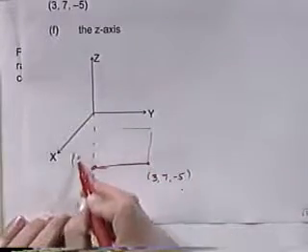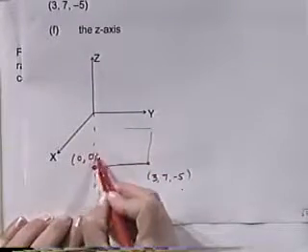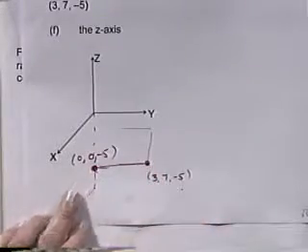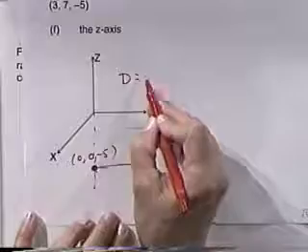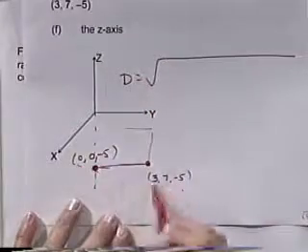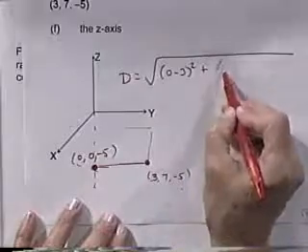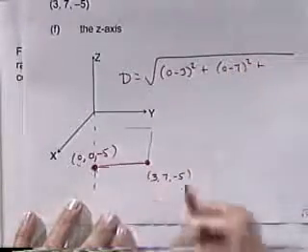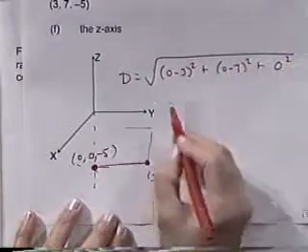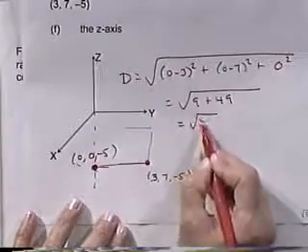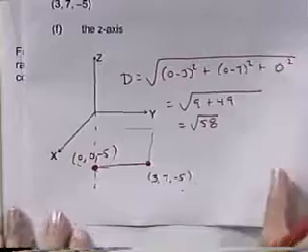The z. So x and y will be 0, but that will be negative 5. And you can do the distance formula from this point to this point, which would give you the square root of 0 minus 3 squared, plus 0 minus 7 squared, plus negative 5 minus negative 5 squared, which is 0, which gives me the square root of 9 plus 49, which is the square root of 58.